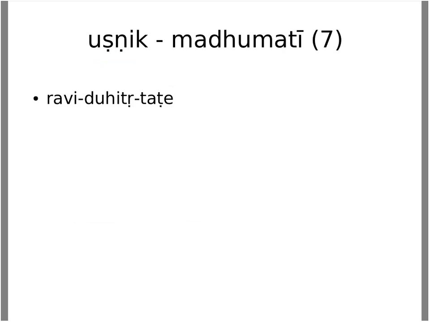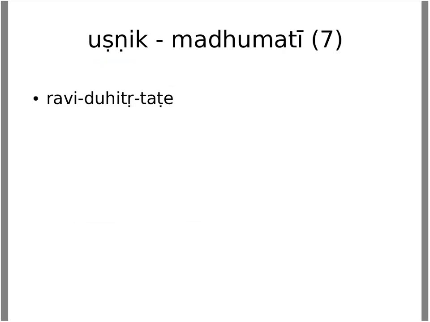And then I was in the middle of adding another example here called Ushnik. Ushnik is another meter, and this is the subtype of Madhumati. Ravidu hitritate.